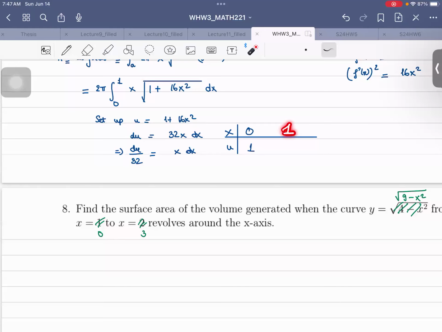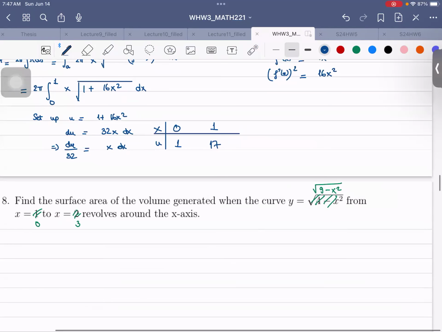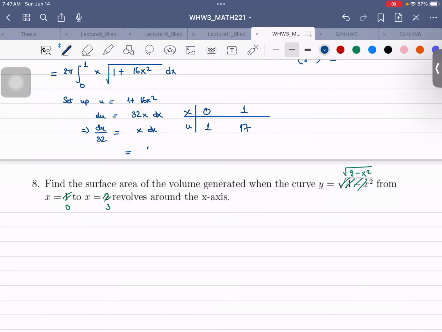When x is 1, plug in over here, you have 1 plus 16x squared. 16 times 1 squared is 16, and 16 plus 1 is 17. Therefore your integration becomes 2 pi, the integration from 1 to 17, square root of u du divided by 32. u is 1 plus 16x squared, so you have the square root of u.